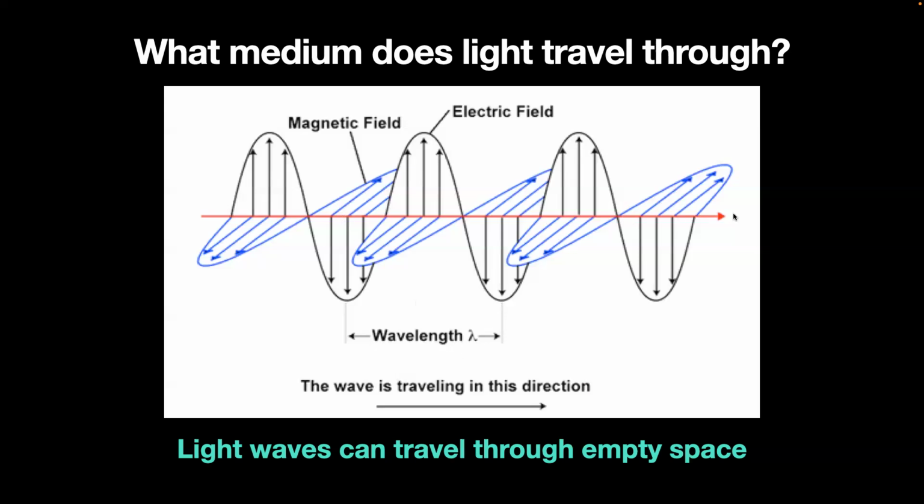This red line is the direction in which the wave is traveling, and the black is the oscillating electric field. The blue is an oscillating magnetic field, and this drawing is trying to show the orthogonal or perpendicular nature of these waves.